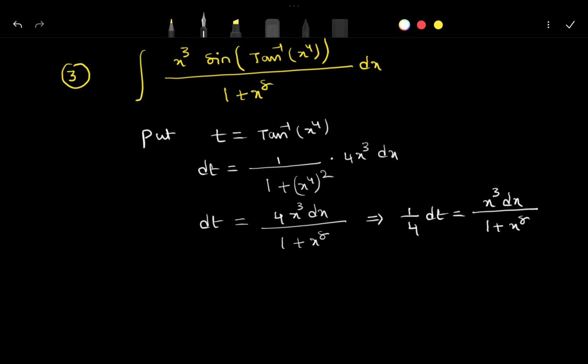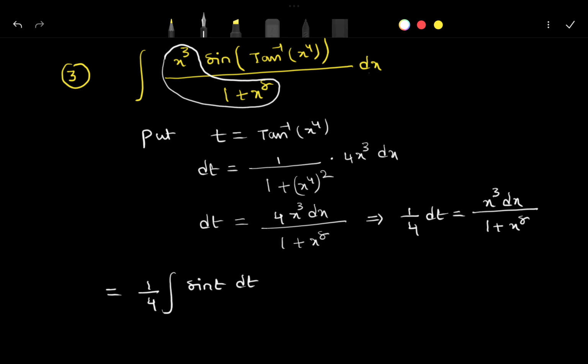So clearly, by observing the given question, x cube divided by 1 plus x to the power of 8 into dx is 1 by 4 into dt. Now substitute this value here: that equals 1 by 4 into integration of sin t into dt. I hope everybody is clear up to this one.